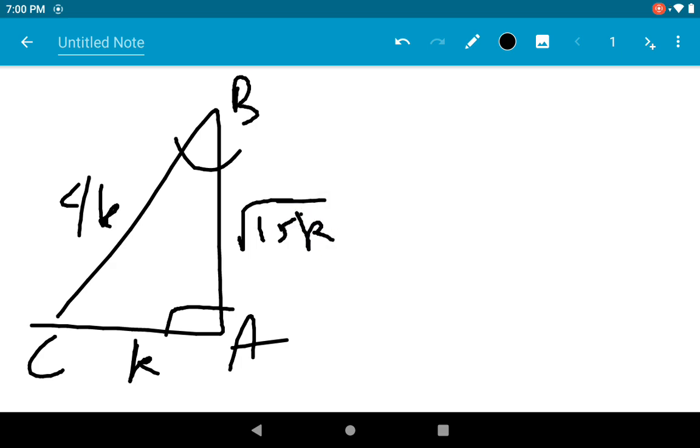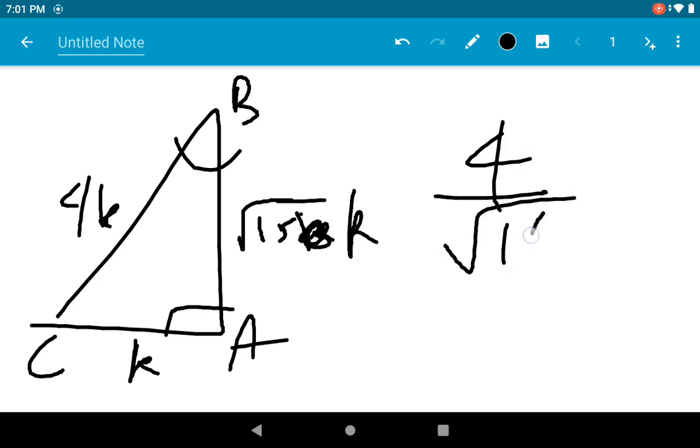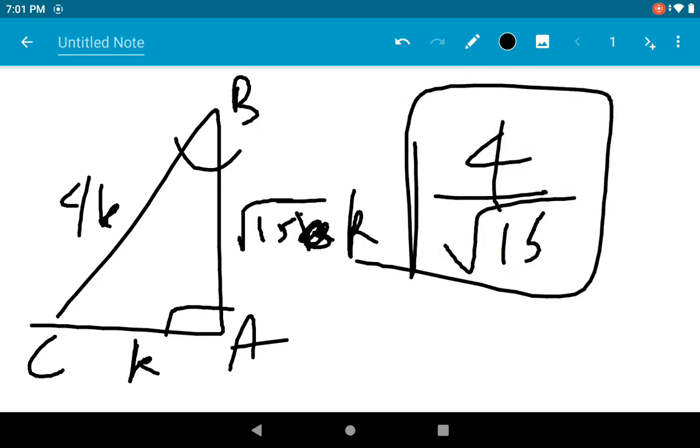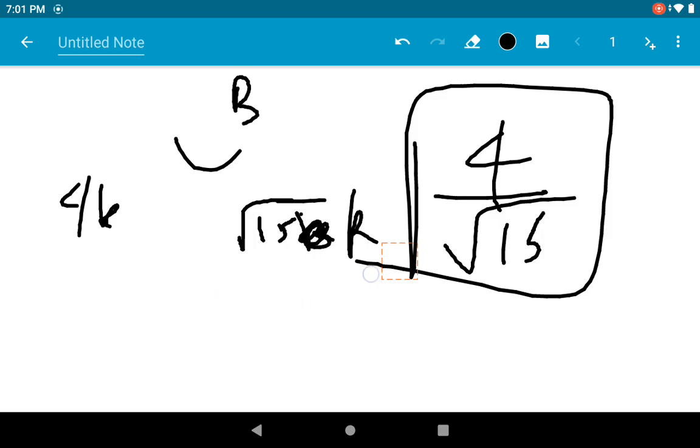So we're asked to find the value of secant B. So that's just going to be 1 upon cos B, and cos B is root 15k over 4k, so the k cancels. So we're going to have 4 over root 15 as our answer. Next question.